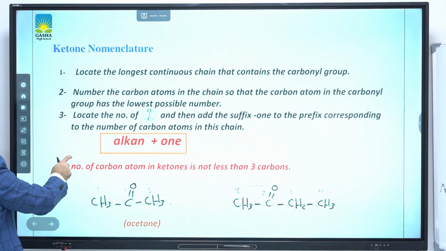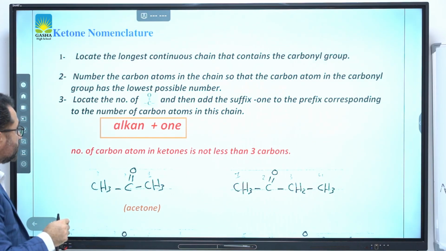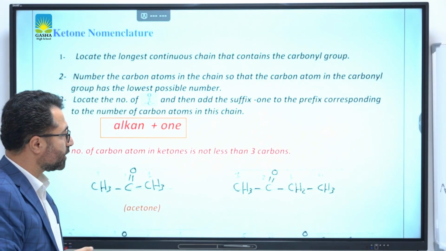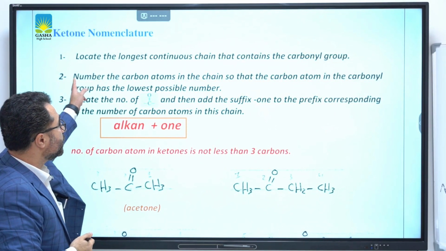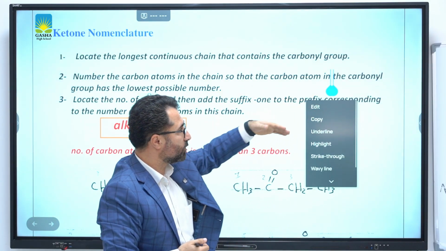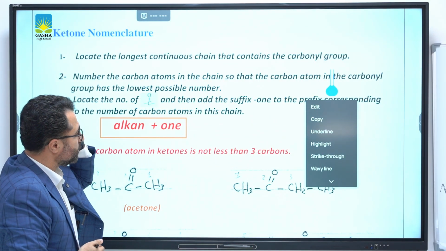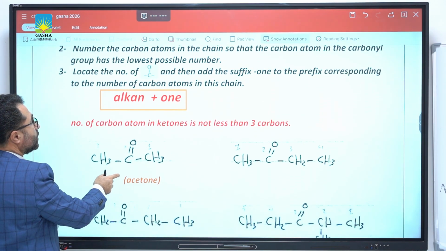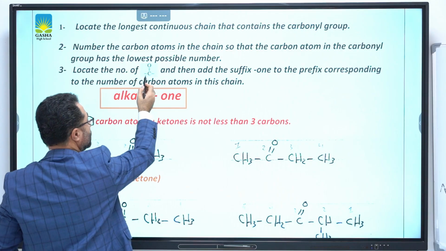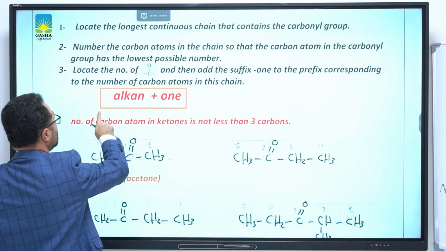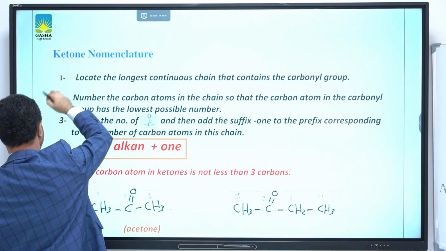Ketone nomenclature. This time we have to locate the longest continuous chain that has the CO group, or we can say carbonyl group, and number it from the side that the carbonyl group is closest to, to take the lowest number possible. Then write the location of the CO, and then alkane plus "one".